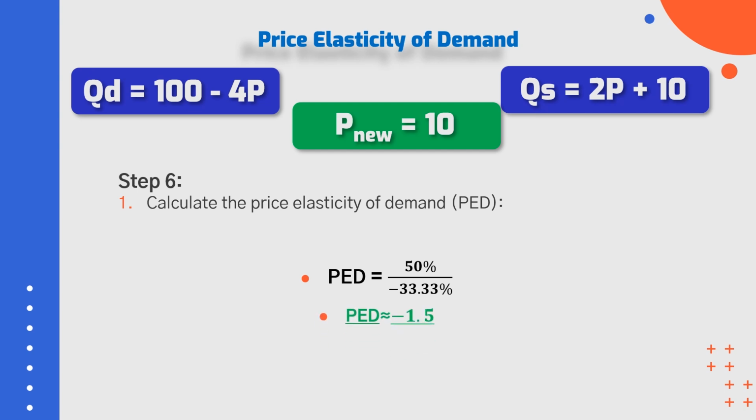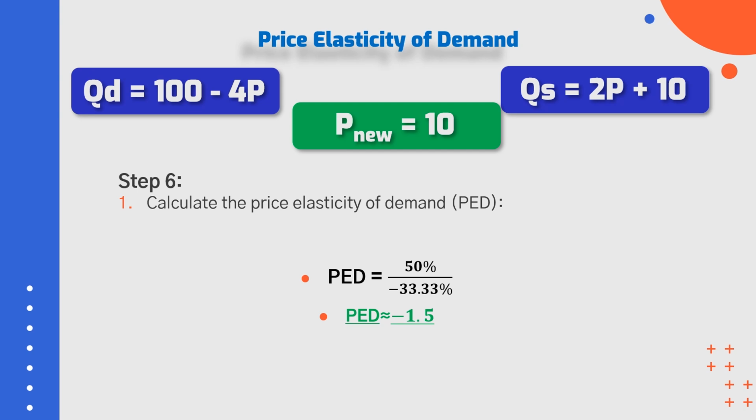In this case, we need to ignore the negative sign right here. We're going to be paying attention only to the absolute values. So remember, you can just omit this negative sign. We are interested only in the absolute values. So the absolute value is 1.5.